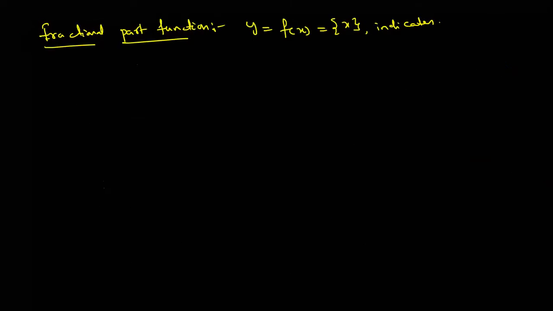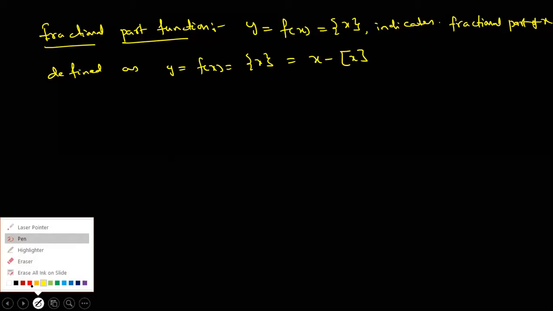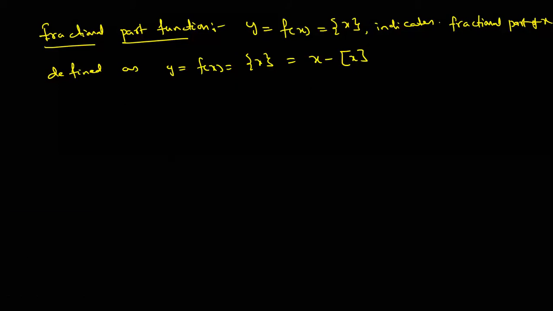See carefully. But in this case, it is the fractional part of x. Fractional part of x is defined as y is equal to f of x is equal to x minus integral part of x. So please all of you keep this in brackets.